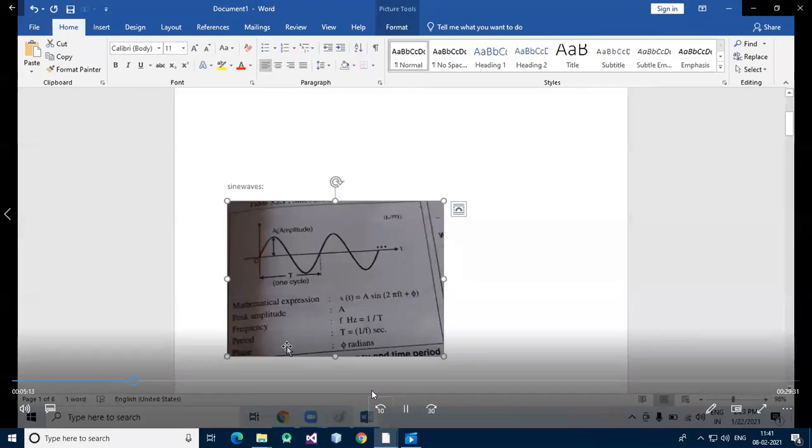So, an important point about frequency and time period.